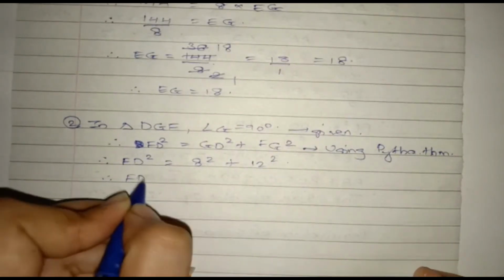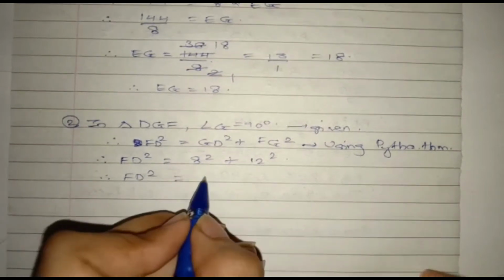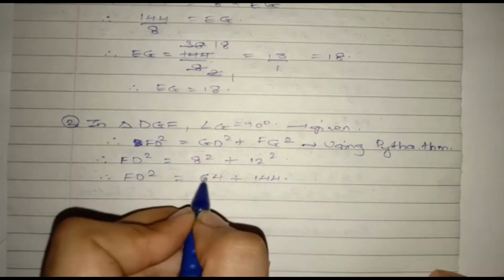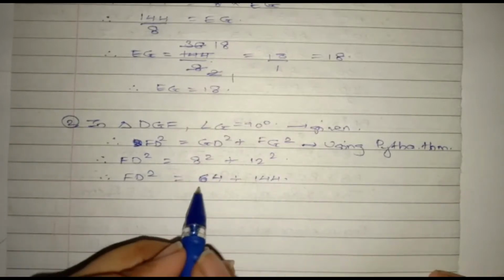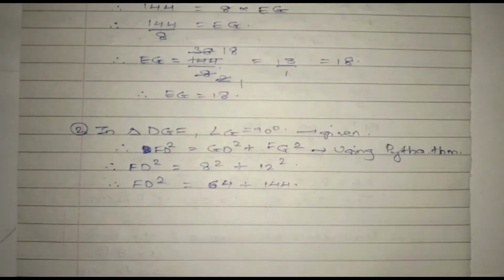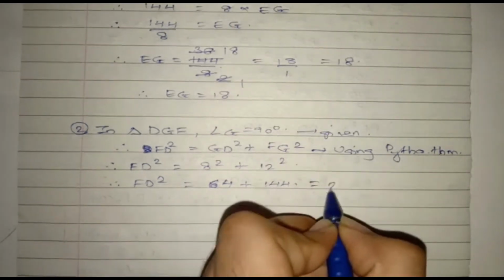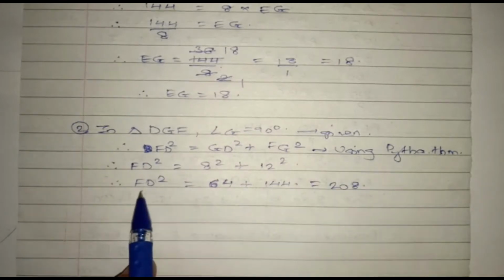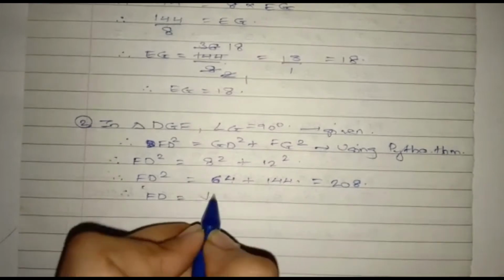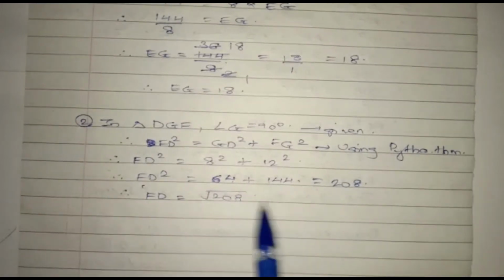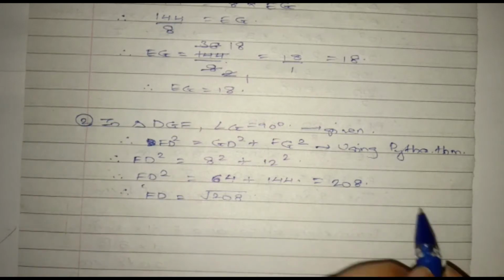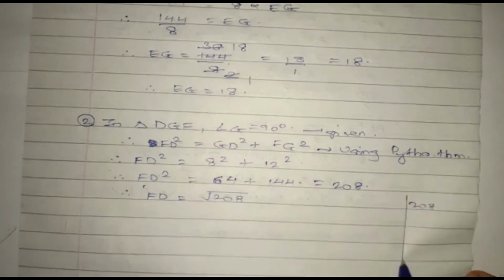Therefore FD square is equal to 8 8s are 64 plus 12 square is 144. 64 plus 144 is equal to 208. Therefore FD square is 208, so FD is equal to root of 208, taking square root. Now we'll find factors of 208 so that we can take out something common.